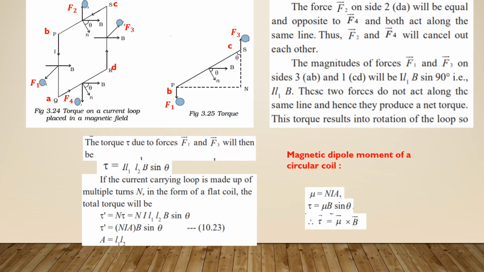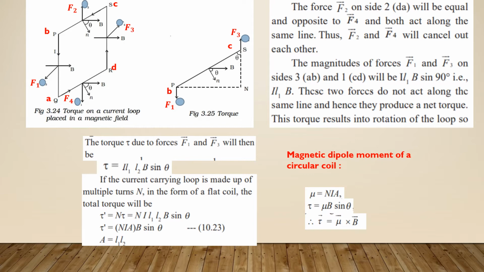Now let the plane of the coil make some non-zero angle with the direction of B bar. Now the sides BC and AD will also experience some non-zero force, say F2 and F4. Both these forces are equal in magnitude, opposite in direction, but are acting along the same line, hence will cancel out each other.